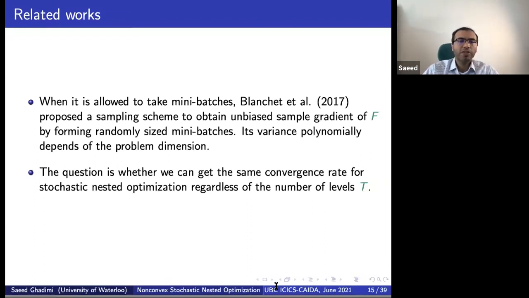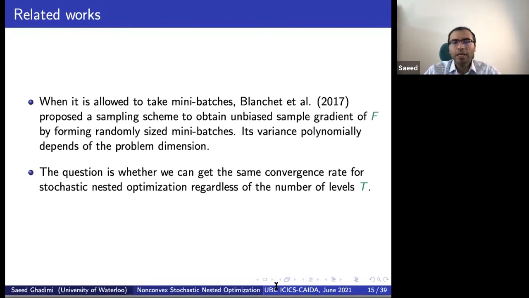So for larger scale problems, I don't remember exactly the dependence, maybe d, at least it was d cubed, if I remember correctly, you have a large constant in the upper bound of your convergence result. And so theoretically, the algorithm does not converge unless you run it for so many iterations.